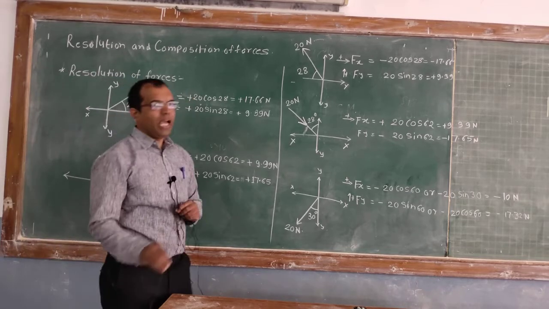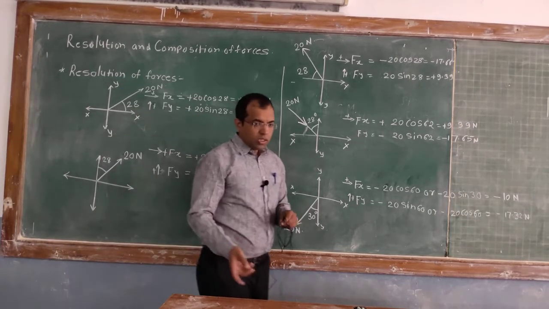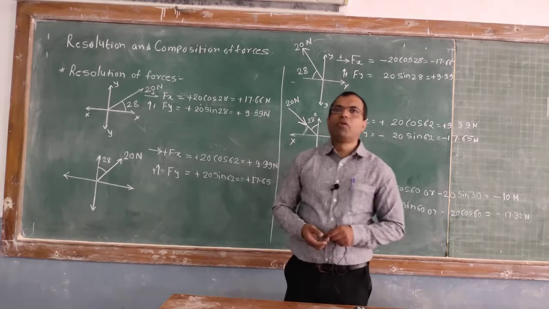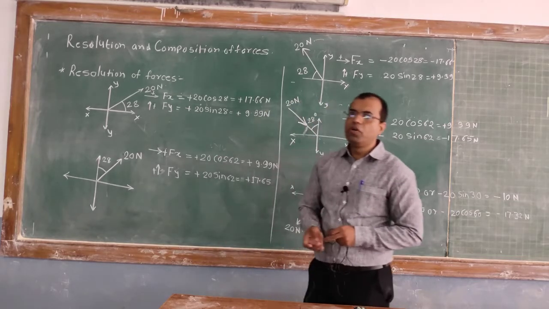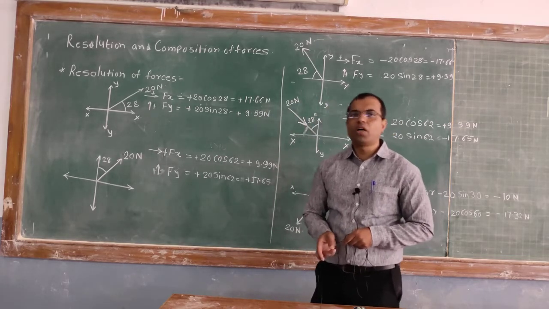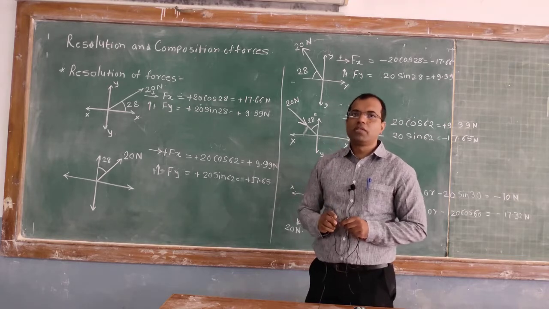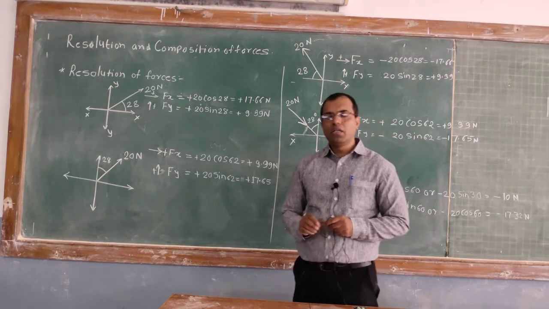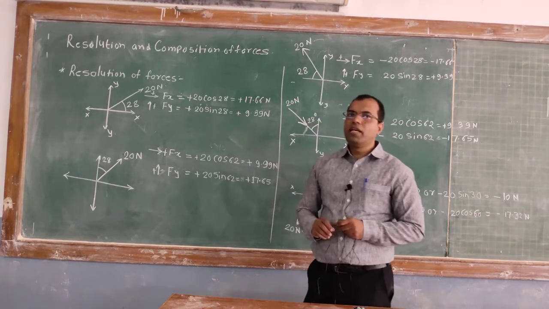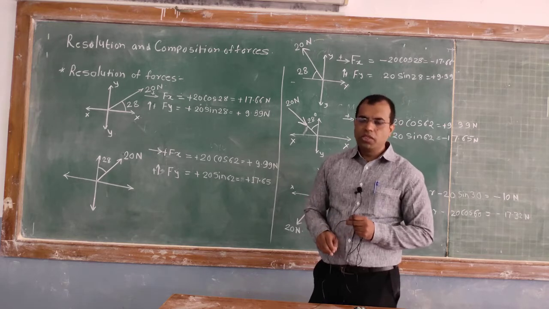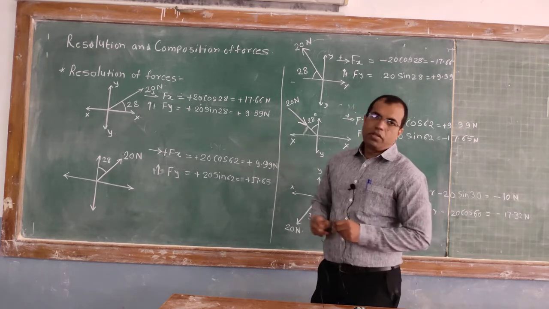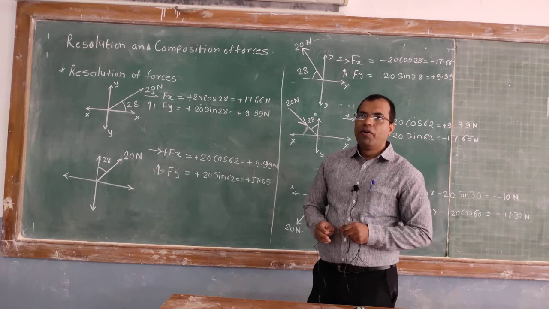Then we learned the law of parallelogram of forces. That method is useful to find the resultant of two concurrent forces. If there are two concurrent forces, we use the law of parallelogram of forces.